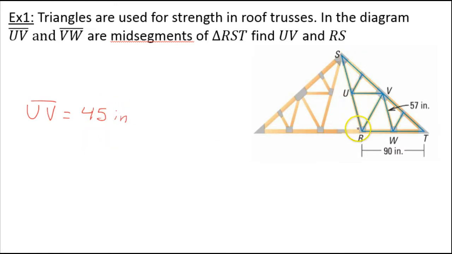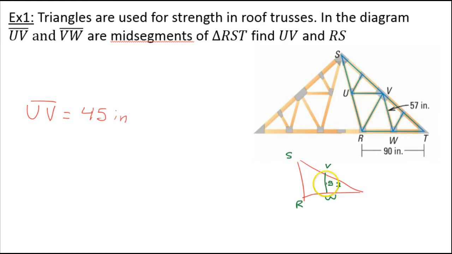Likewise, RS is our entire base. So if I were to draw a triangle to kind of mimic that one, this would be RS. So then my midsegment would be, in this case, VW. This is V. This would be W. And we know that its measurement is 57 inches.